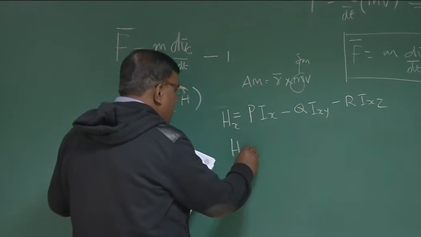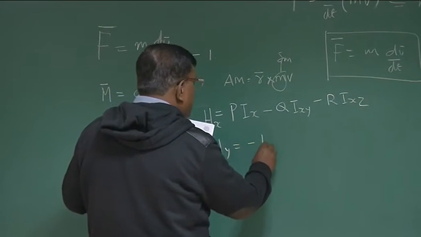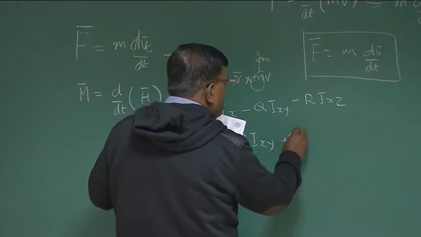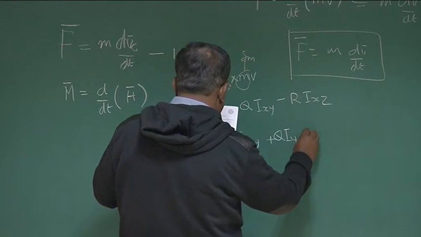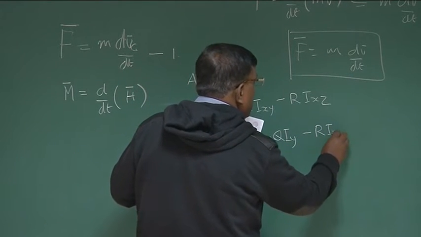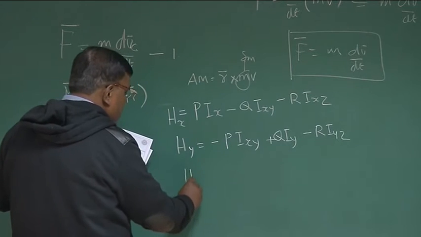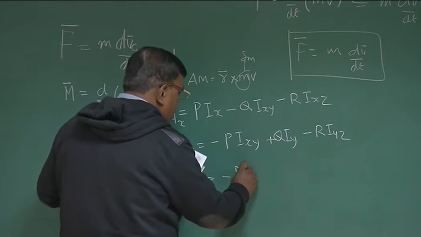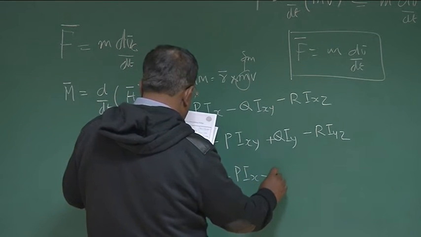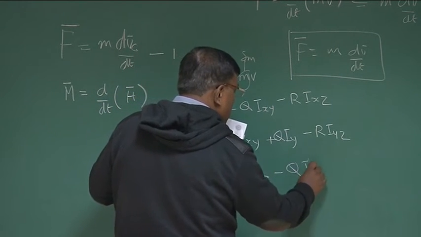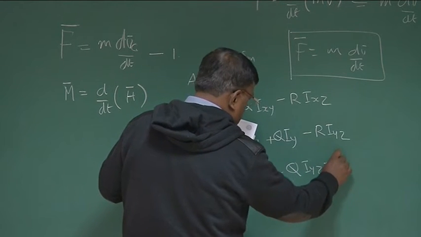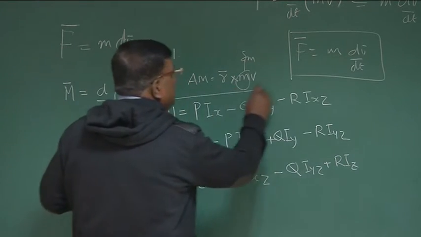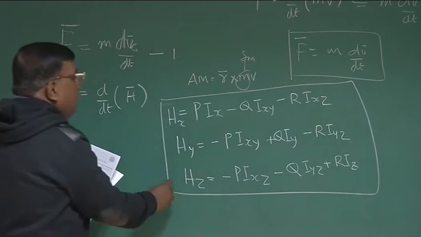Let me first write: Hy we got as minus p Ixy plus q Iy minus r Iyz, and Hz, the z component, is minus p Ixz minus q Iyz plus r Iz. That is exactly where we ended our last lecture.